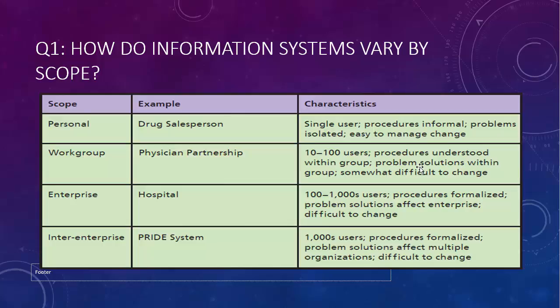You might have links to other organizations, and so now you've got those issues to contend with, and any kind of changes you do there are going to be very difficult to get done because you're going to have to involve more and more people.